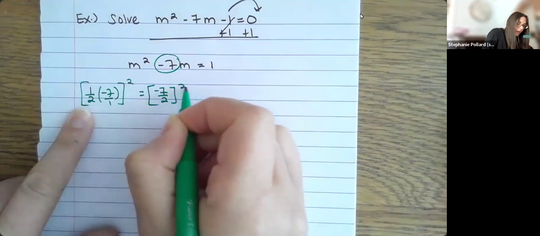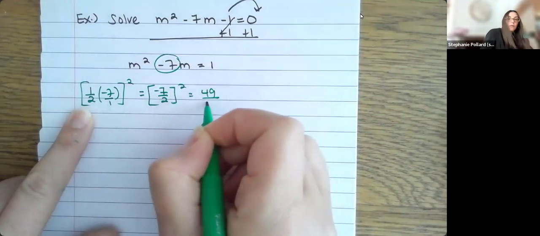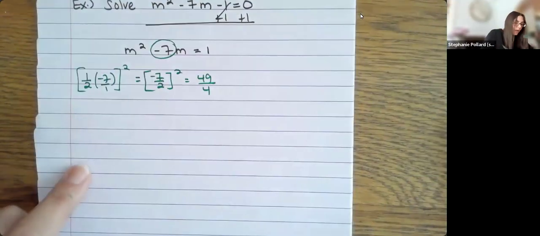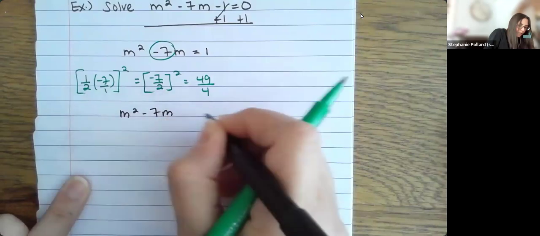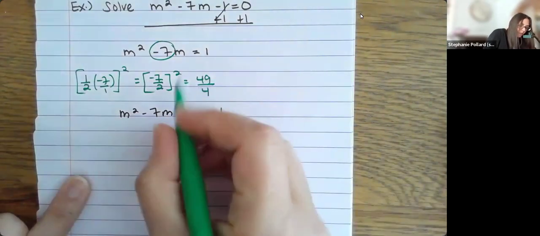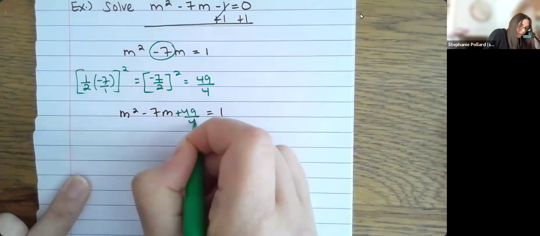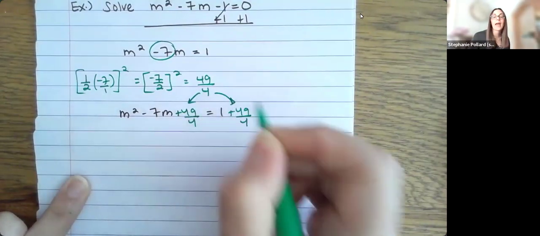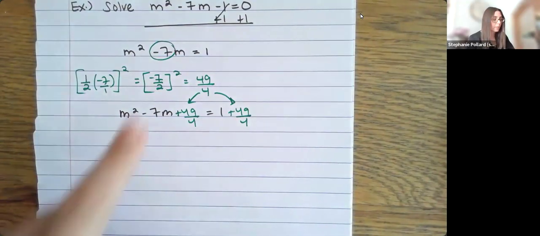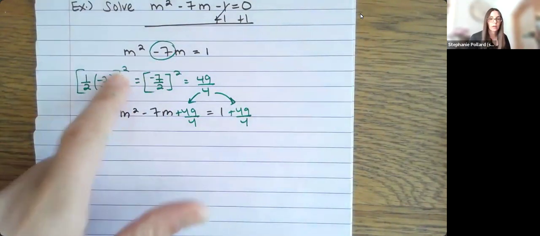I'm going to square that, and I have 49/4. So I'm going to add that to both sides. Right, so that's what I'm adding in. Always half of whatever the piece is, and then squared.